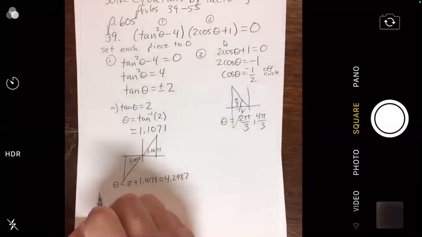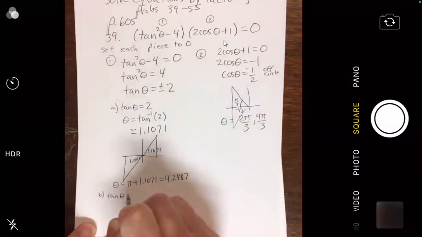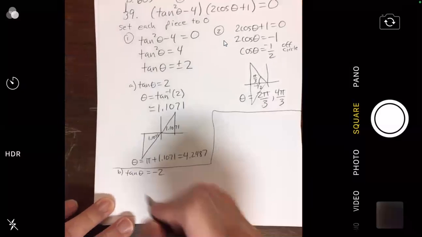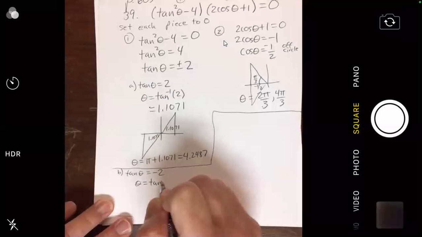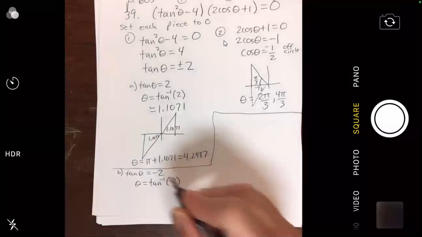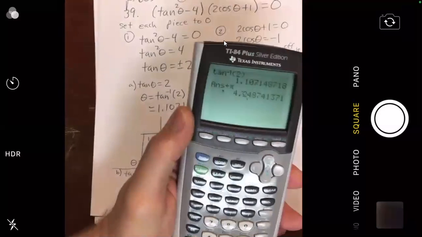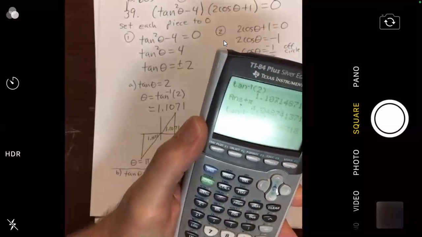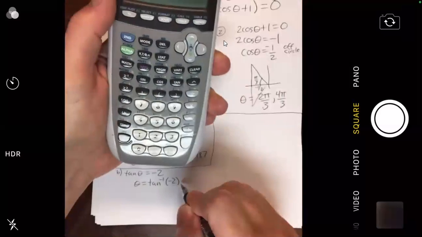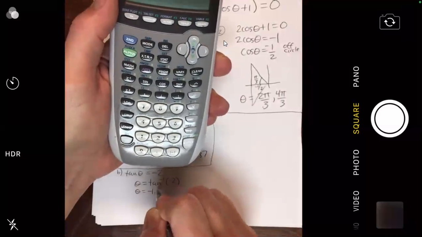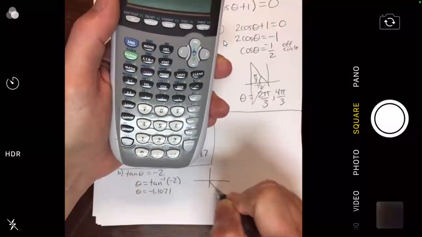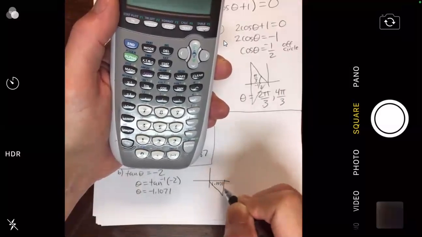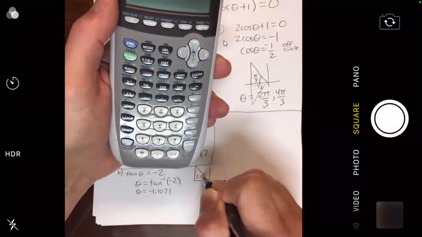If you want to call it B, tan theta negative 2. Theta again is arctangent of negative 2. Again, it's where your y leg is twice your x leg. So second tangent, negative 2, negative 1.1071. So in effect, you're down this way in the fourth quadrant, and then your other would be 1.1071.